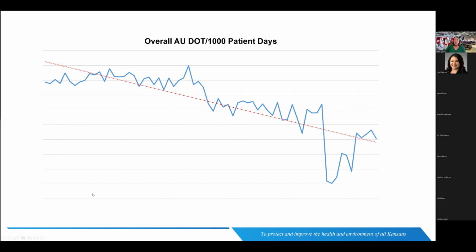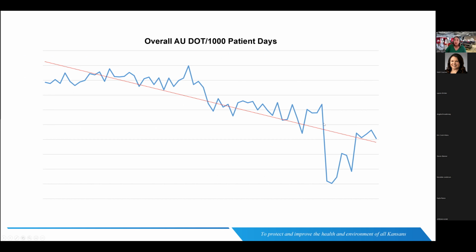So that's the example of the graph that I have here. It's an example of our aggregate AU trending. And this is when we were actually using DOTs per 1,000 patient days before we were able to do the days present calculation. And so you can see some very different swings in antimicrobial use.